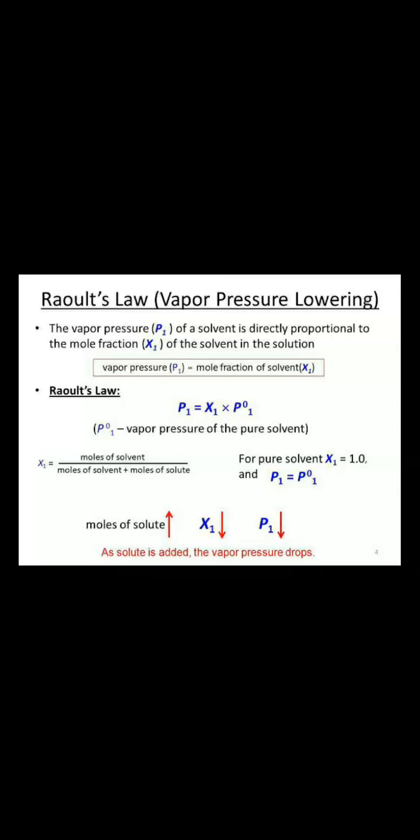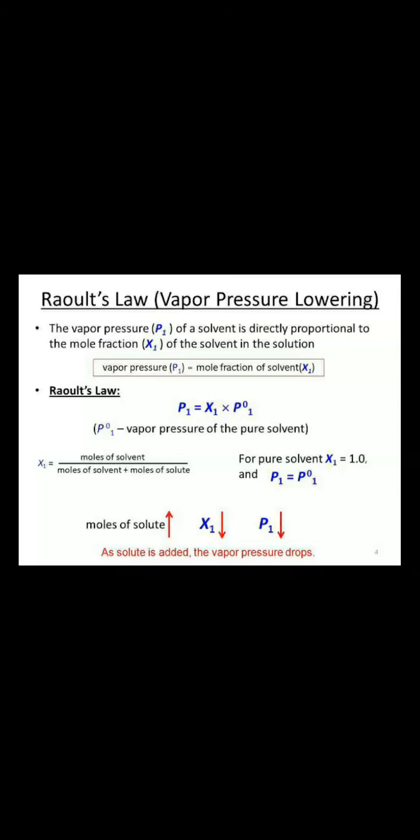That is, P1 is directly proportional to the mole fraction of the solvent. According to Raoult's law, P1, that is the vapor pressure of solvent from solution, is equal to the mole fraction times the vapor pressure of pure solvent, P1 naught.